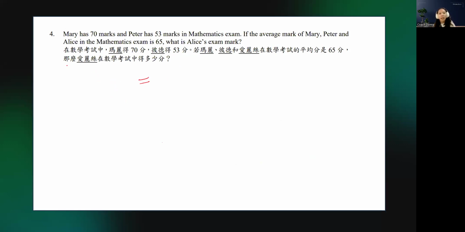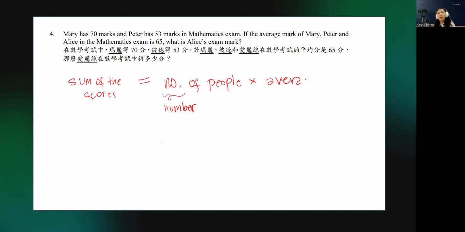The shortcut formula is: the sum of the scores is equal to the number of people multiplied by the average mark. We can have this general formula.